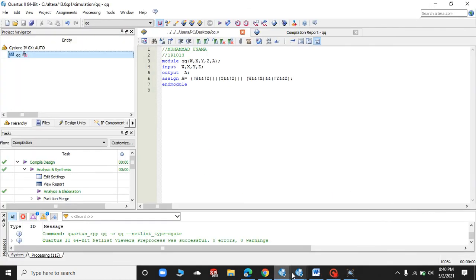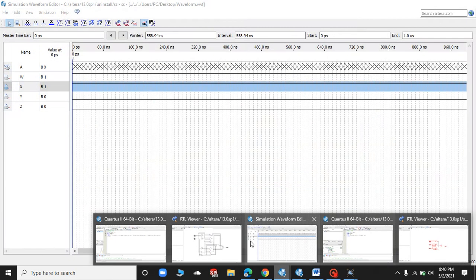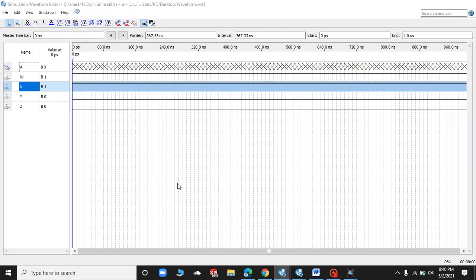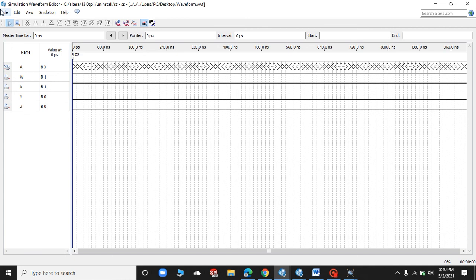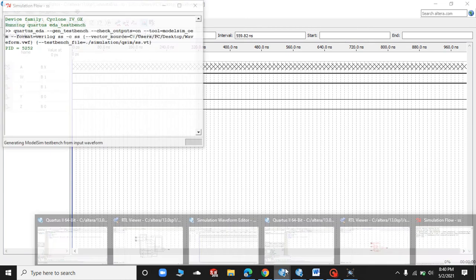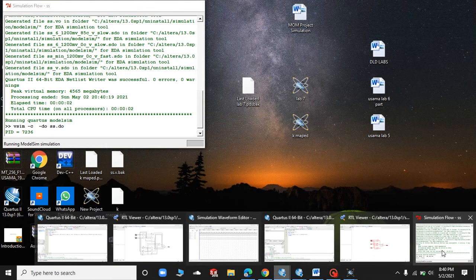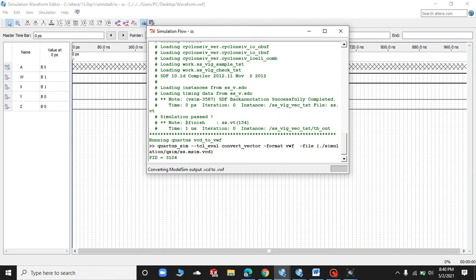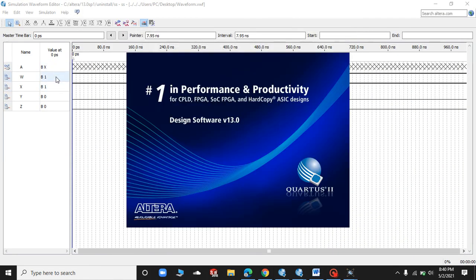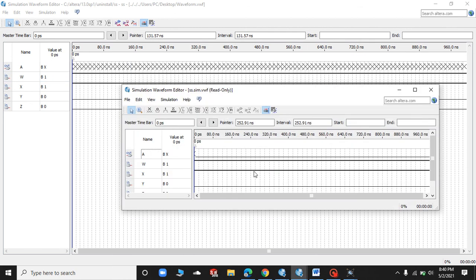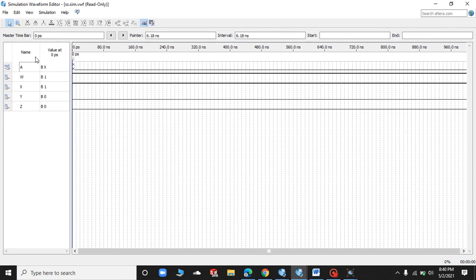I have also shown the waveforms over here. When I run this simulation, you can clearly see that the truth table was the same. I would like to hide these two inputs only, so that the output will be high. You can see that here the output is high, while it's showing an X because of the delay.